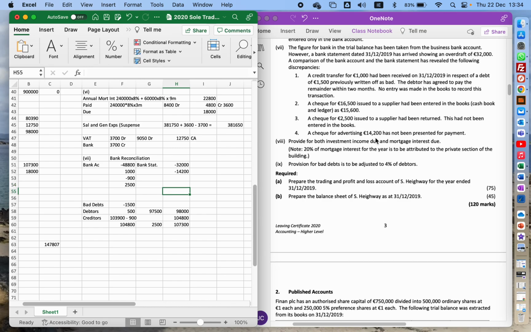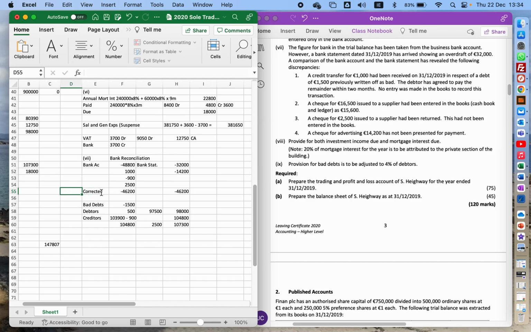So now what I do is I'm just going to add up the numbers that I have in the bank's version. So the bank statement should read 46.2 now of an overdraft. So what I've done now is I've corrected the two of them together. So that's the corrected balance.